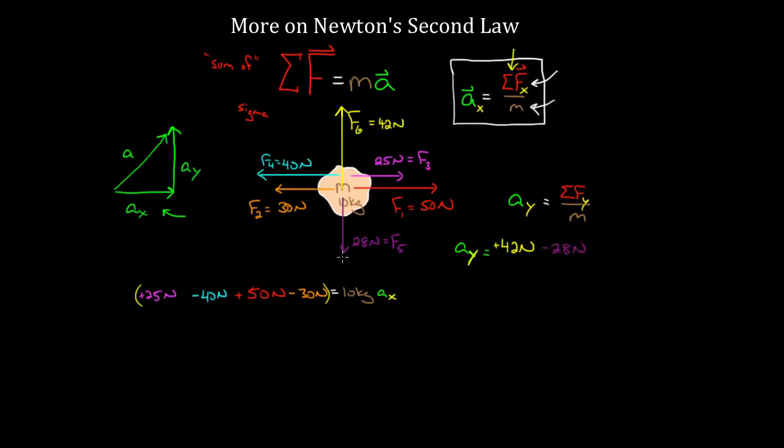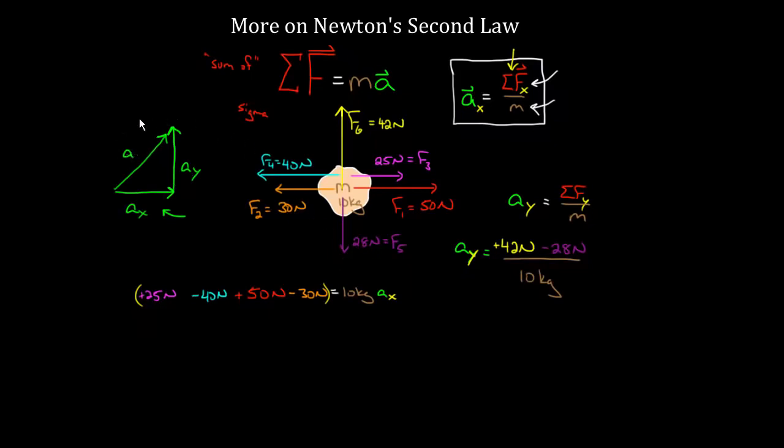We typically choose that as the negative direction. Now we can divide by the mass, 10 kilograms. This gives us our acceleration in the vertical direction. And now that we have both of these, we could, if we wanted to, do ax squared plus ay squared equals the total a squared to find the magnitude of the total acceleration.